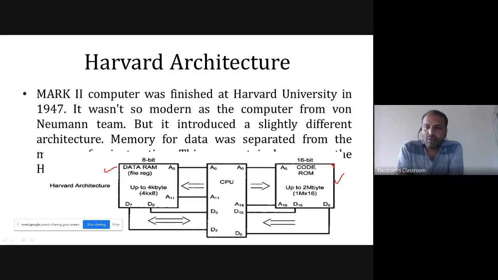So suppose your program size now becomes 2.5 MB, and the maximum capacity of our memory is 2 MB. So the rest, 0.5 MB, where do I need to store it, or where will the microcontroller store it?